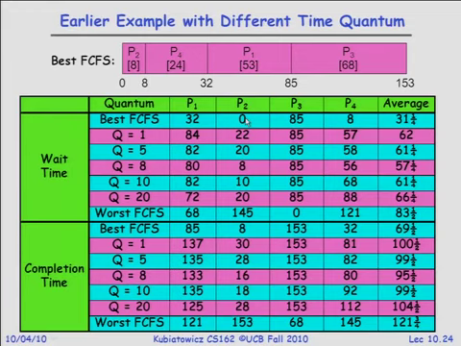And notice how the round robin scheduler does a pretty good job of at least bounding how long I take. Whereas the long job, which is P3, doesn't really care. It's all kind of 85 across the board except for the worst first come, first serve. But basically the point is the short jobs really benefit from round robin, the long jobs don't, but they don't really care that much.